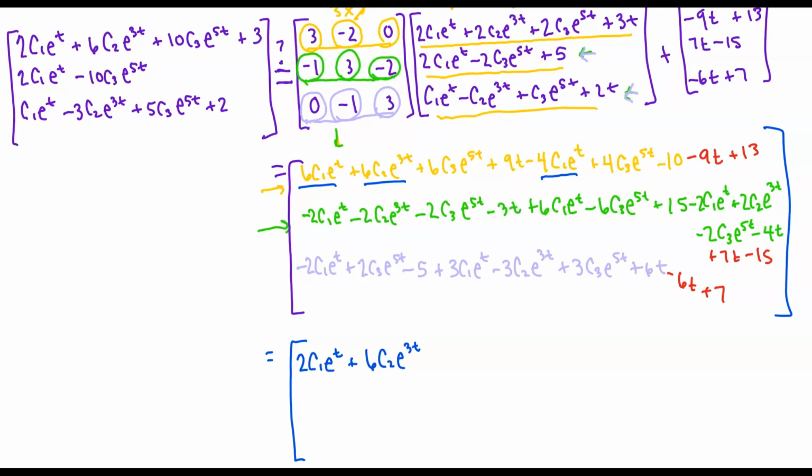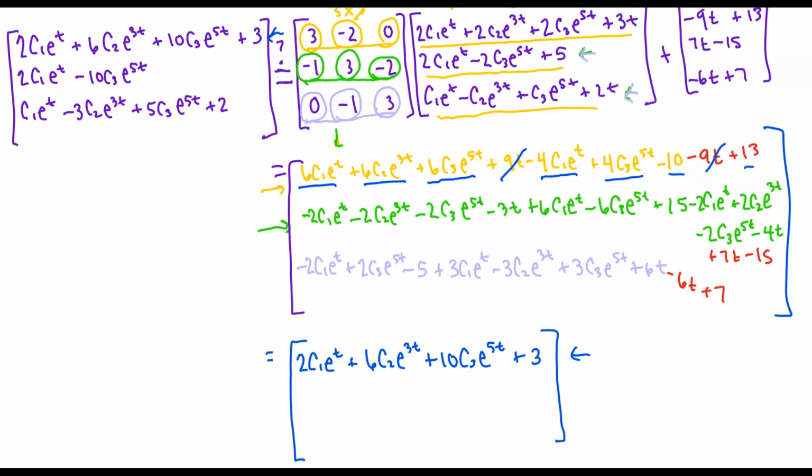And coefficients of e to the 5t, we have 6c sub 3 plus 4c sub 3. That gives us 10c sub 3 e to the 5t. Looks like our 9t's cancel out. We have negative 10 plus 13, which is plus 3. So notice row 1 on this side of the equation matches row 1 on this side of the equation. So far, so good. Let's test our second row.